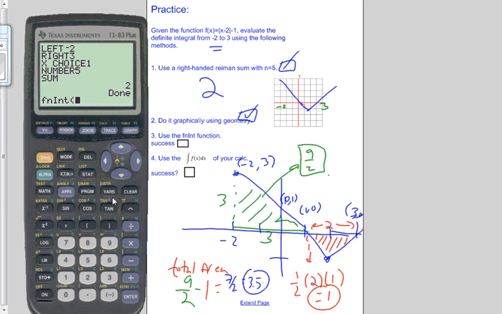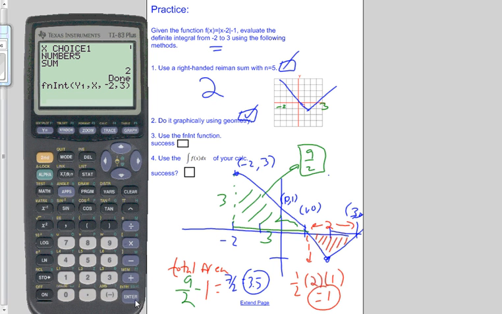So I need to tell it to integrate y1: vars, y vars, function, y1. And remember, we're always going to put comma x. That's saying that the variable is x. And we're integrating from -2 to 3. Those are my limits, so -2, comma 3. And hopefully, unless I did something wrong with the geometry, we should get 3.5.